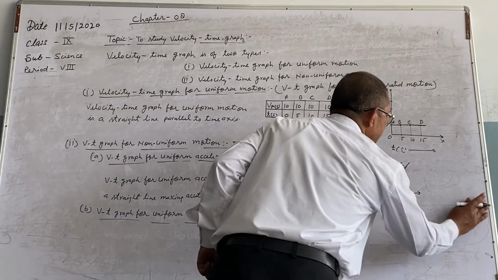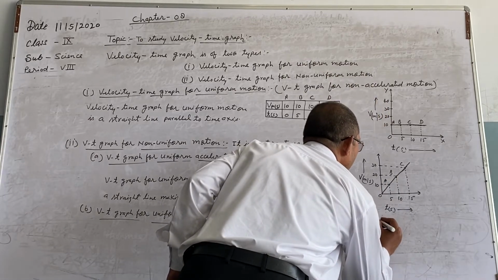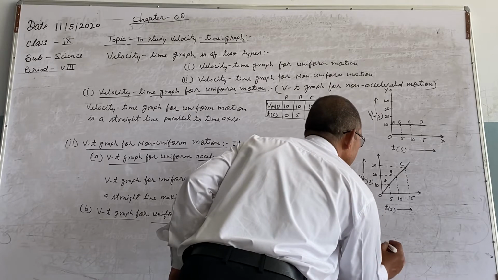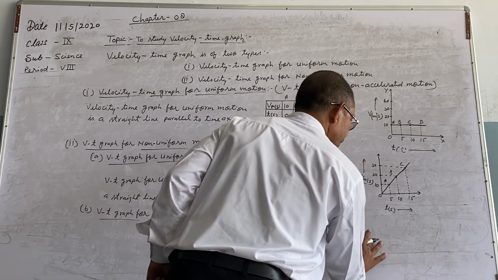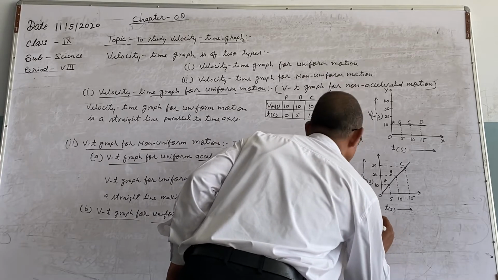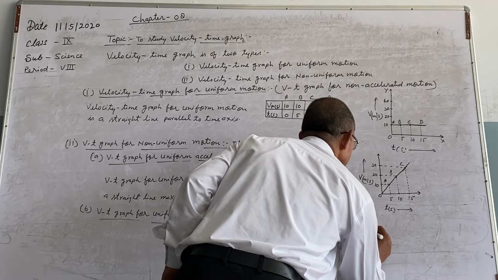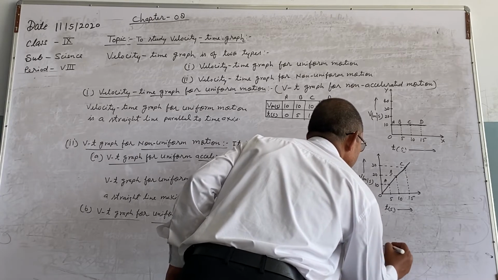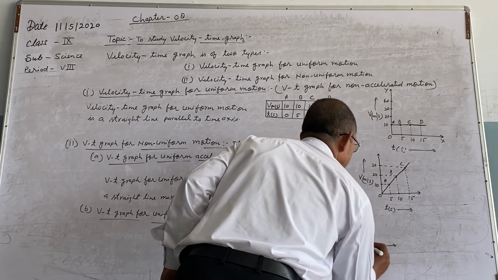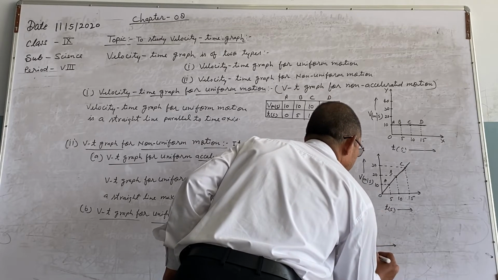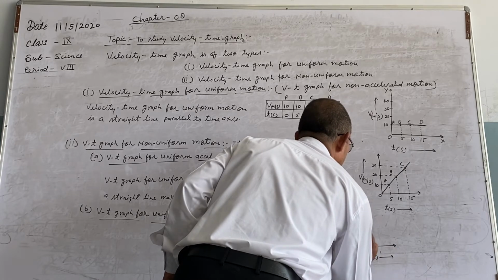Using this data, if you draw the velocity time graph, you will get this condition. 0, time in second, velocity meter per second.